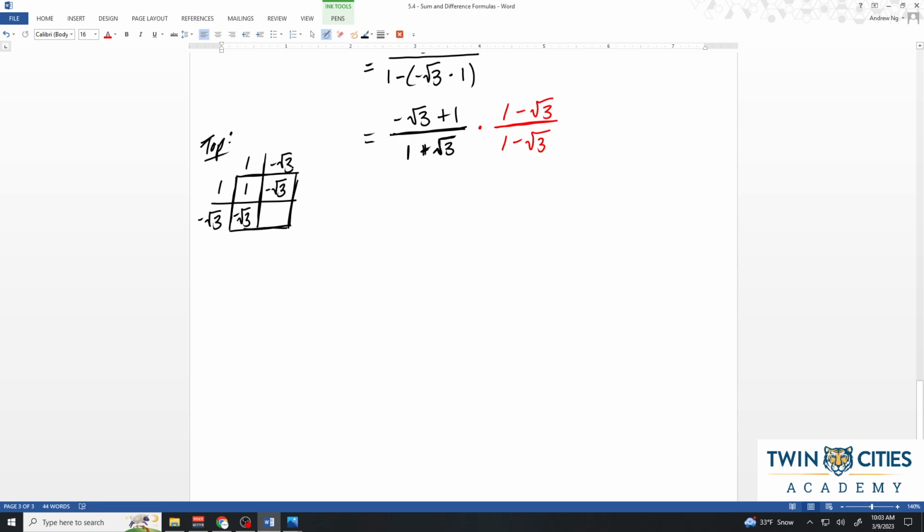Square root of 3 times square root of 3 is just going to be 3. Let's combine like terms. This is going to be 1 minus 2 square root of 3's, and then plus another 3. So this ends up being 4 minus 2 square root of 3.